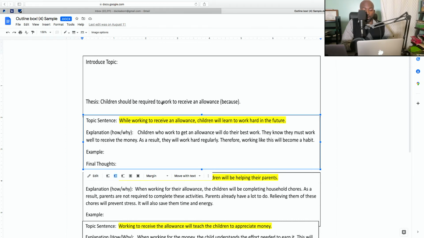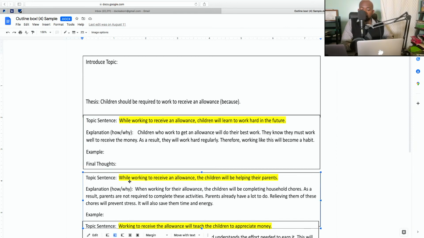Children should be required to work to receive an allowance because, and the first topic sentence says, while working to receive an allowance, children will learn to work hard in the future. Okay, that one fits. That's the reason why. Children should be required to work to receive an allowance because, and the second topic sentence says, while working to receive an allowance, the children will be helping their parents.